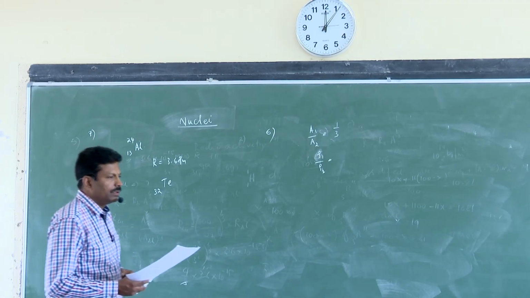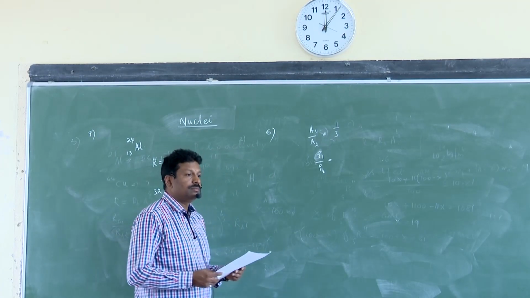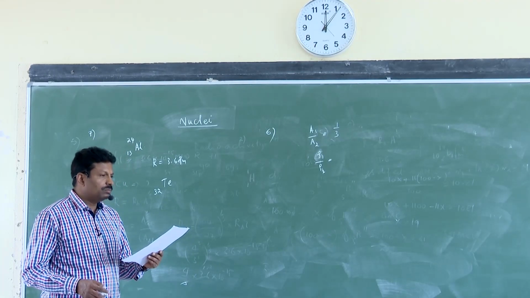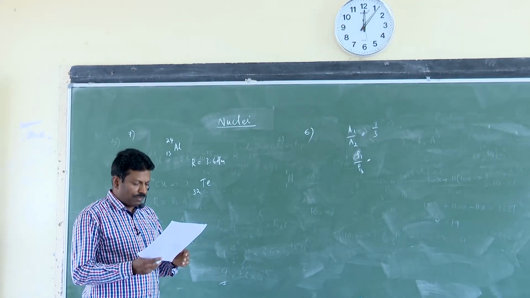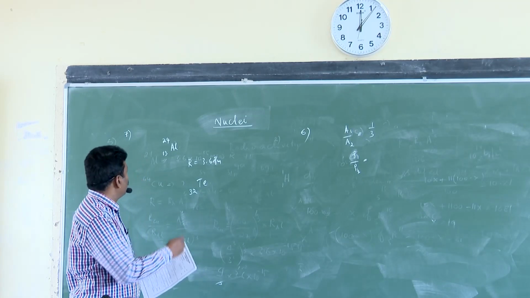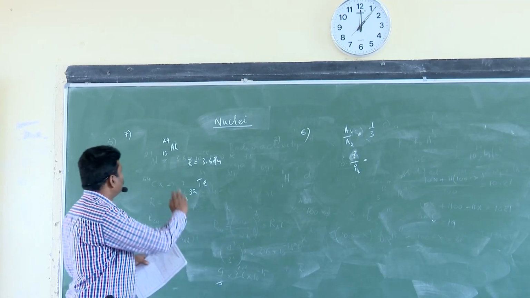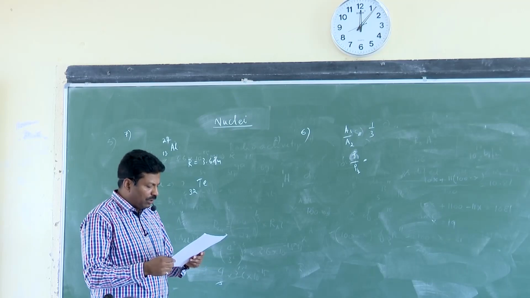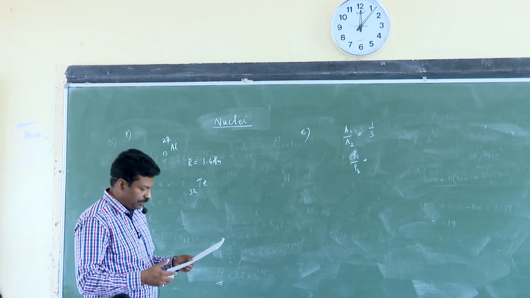Tellurium? No, 32 is wrong actually. It should be more than that, I think. Even aluminum, 24 is not correct. It's 27 aluminum, right? 64? Are you sure?